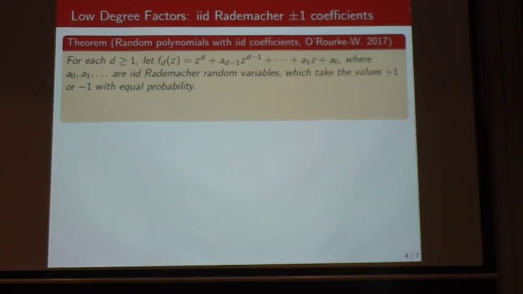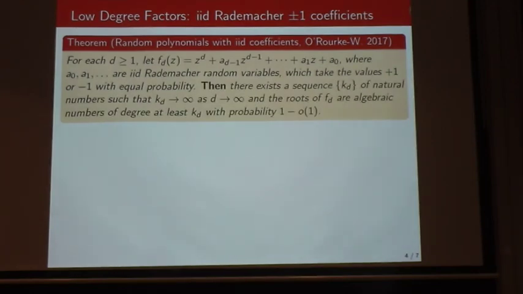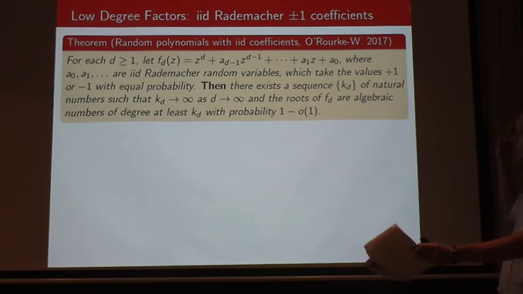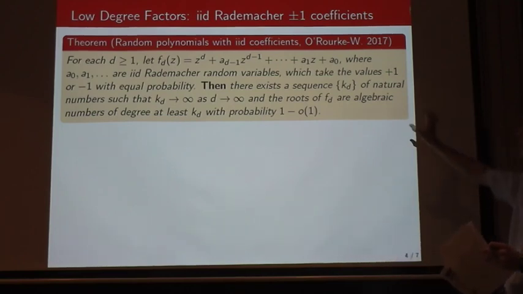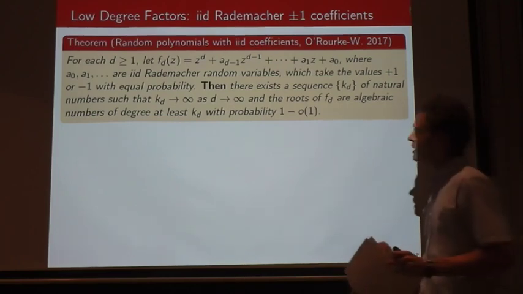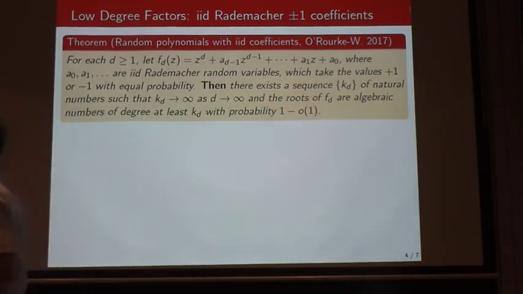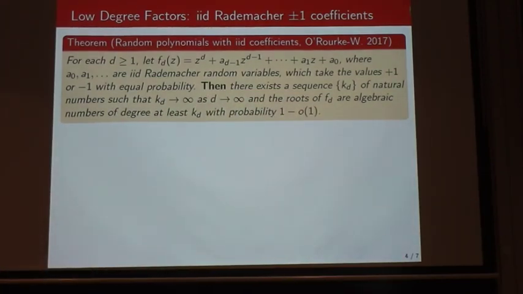So that's the kind we're using here. And then the result with Sean says there exists a sequence k_d of natural numbers going to infinity, if you take the degree big enough, so that the roots of f_d are algebraic of degree at least k with probability going to 1.